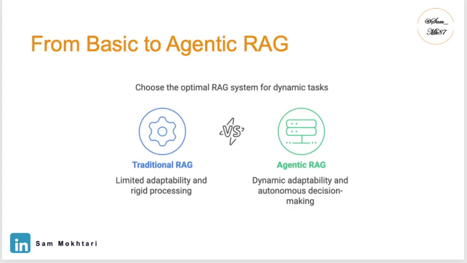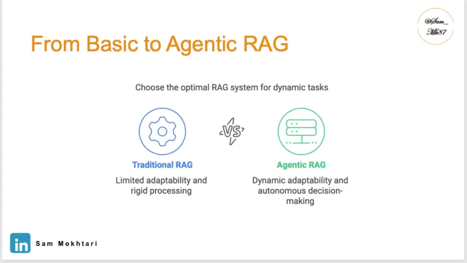There are some key differences between these two systems. The very first difference is the way they work. The basic RAG system just follows the same steps every time, like a robot following a script. But the agentic RAG system thinks and adjusts on the fly.